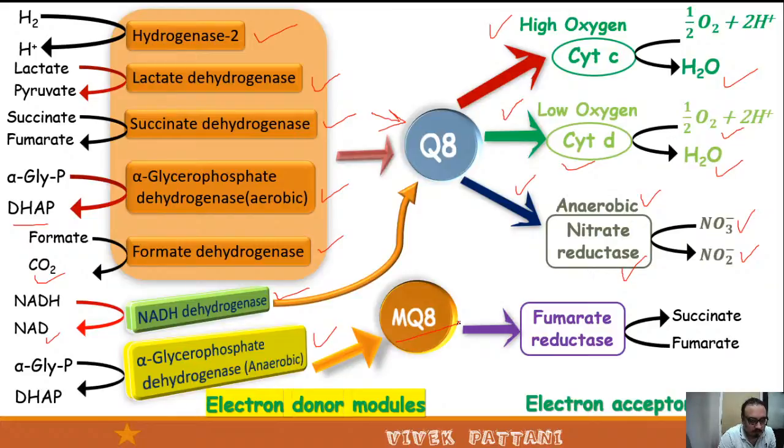Menaquinone is generally activated under anaerobic conditions, where fumarate will act as a terminal electron acceptor, and fumarate will be converted into succinate with the help of the enzyme fumarate reductase.